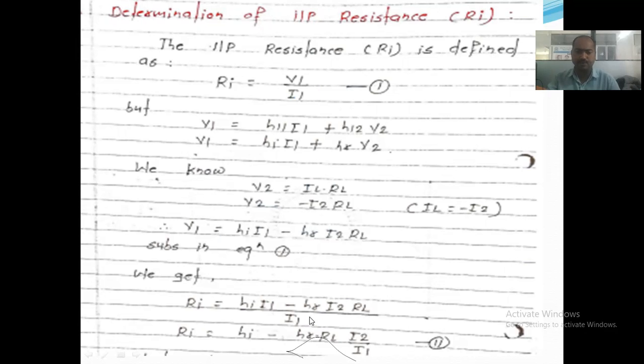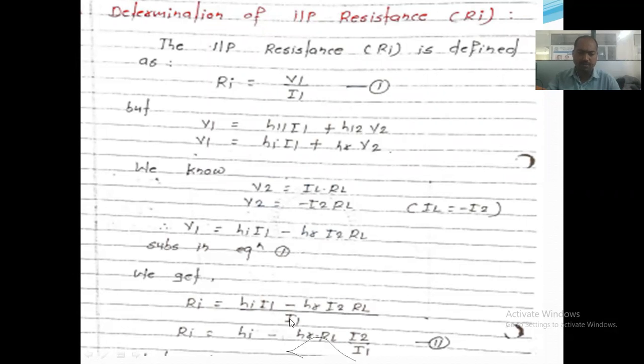As it is. Okay, so for all the terms in this equation, we have to divide by I1 separately. See here, Hi I1 divided by I1, so I1 cancels and only Hi remains. Now for the other side, with the minus sign, Hi minus Hr into I2 RL, we write Hr into RL, this I2 divided by this I1.